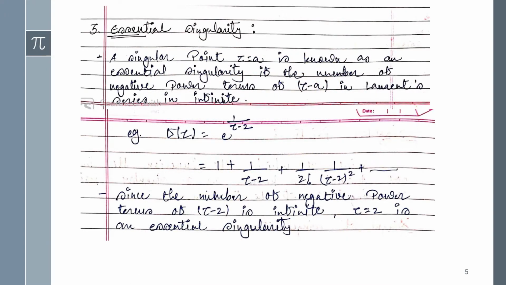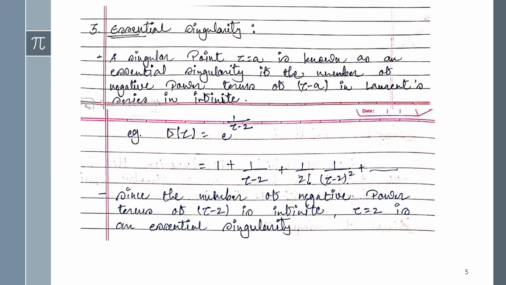Now the third one is the essential singularity. The definition is: a singular point z equals a is known as an essential singularity if the number of negative power terms of z minus a in the Laurent series is infinite. For example, f of z equals e raised to 1 upon z minus 2.